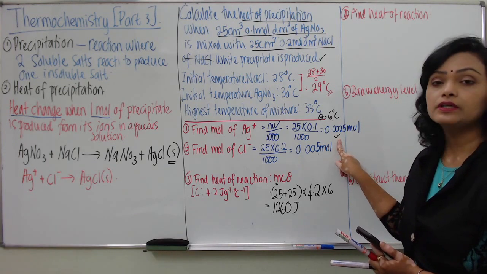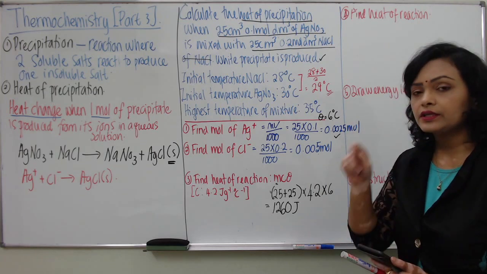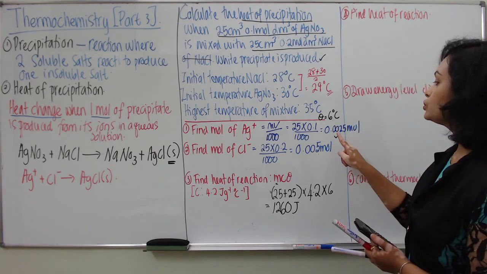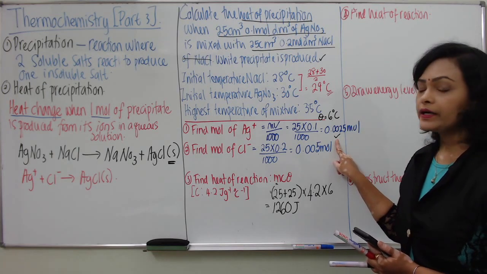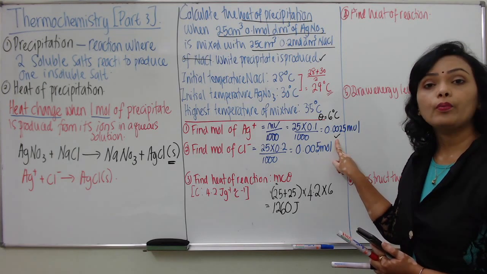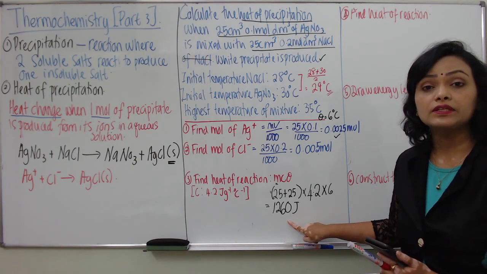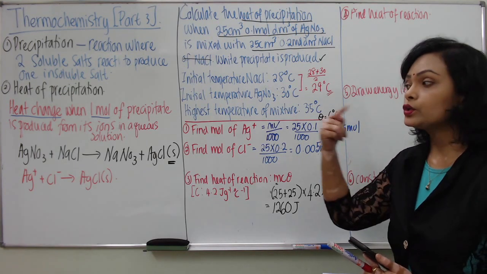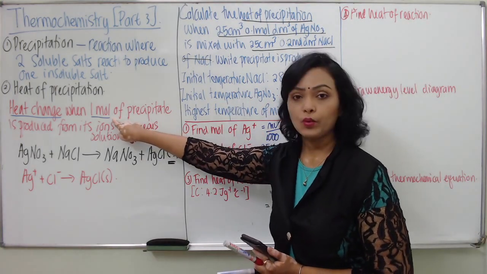So, unfortunately, this reaction has only used 0.025 mole, but I am not interested in 0.025 mole which has managed to produce 1260 joule. According to the term of heat of precipitate, I want 1 mole.